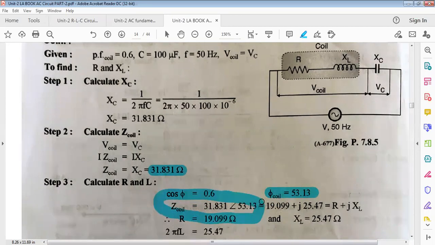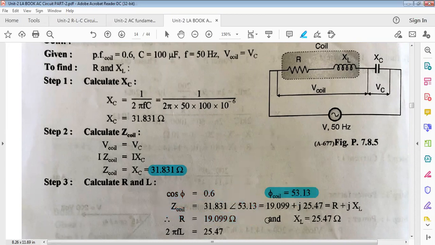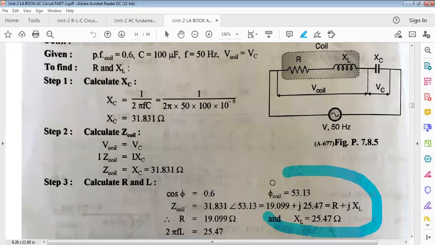Once we got Z coil in polar form, using calculator, you can convert it into rectangular form. Z coil is R plus j XL.